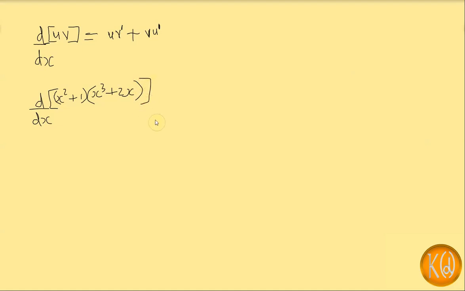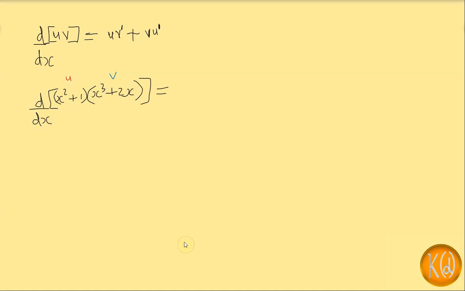Now when we differentiate a product such as this, applying the formula above, our u would be x squared plus 1 and our v would be x cubed plus 2x.